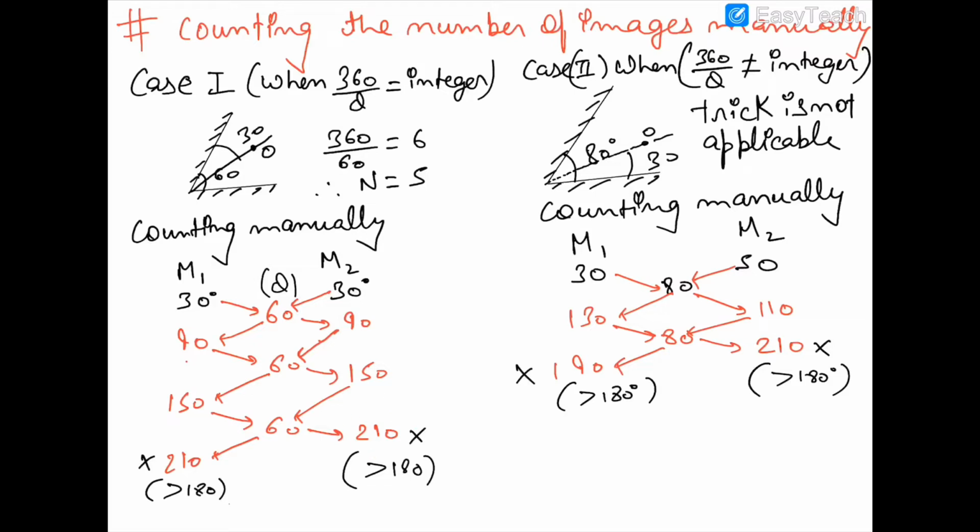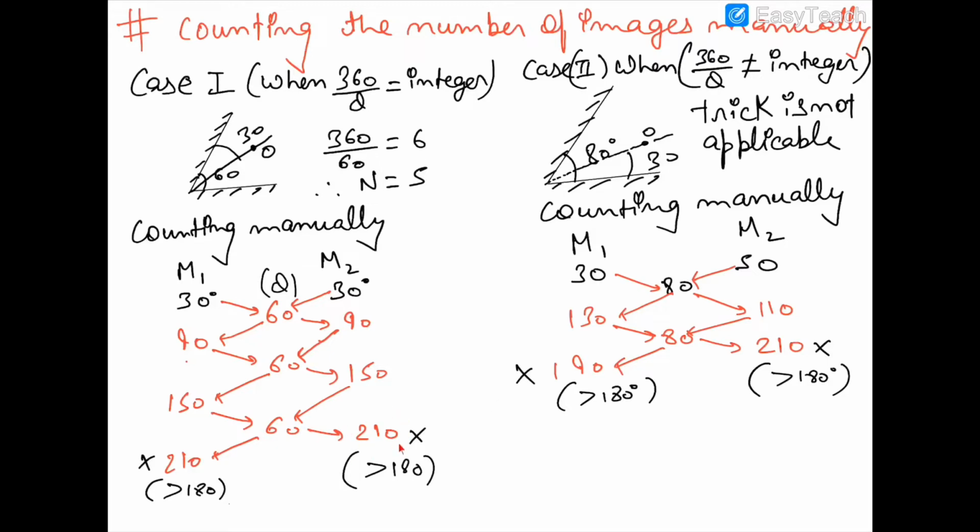We have already discussed that for a plane mirror, the object and image cannot lie on the same side. So the angle of the image from the mirror cannot be greater than 180 degrees, because if it is greater than 180 degrees, then the image of that mirror comes in front of the mirror for a real object, but that is not possible.